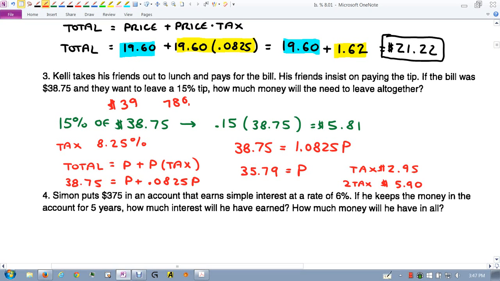To move the decimal 2 places, 7.80 is what I would tip on that. I probably would have rounded this to 40 and then done 2 and just left $8.